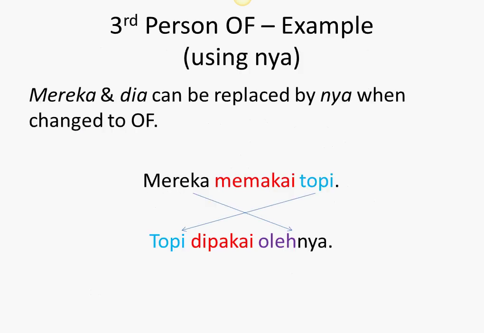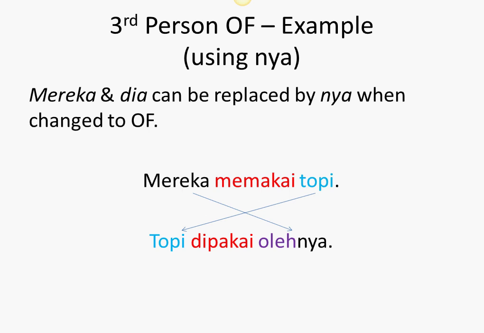Now when we're doing third person object focus and the pronoun in our sentence is mereka or dia, we can do something slightly different. Okay, so for our mereka or dia, they can be replaced by nya when we're changing to object focus. So our example here, mereka memakai topi, so they are wearing a hat.